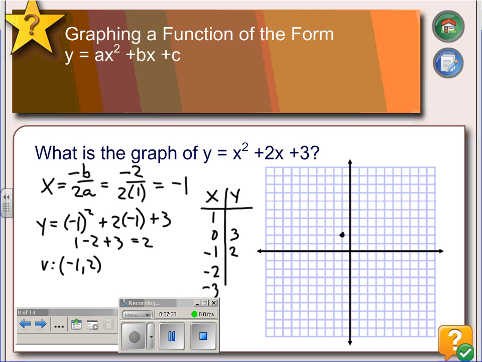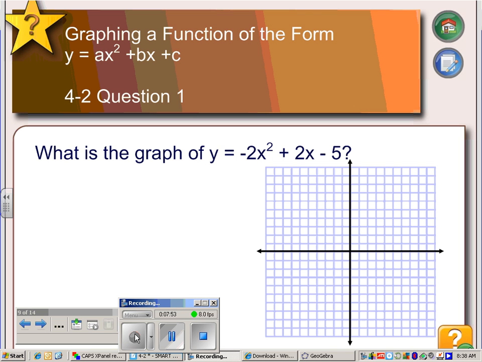Plug a 1 in, and we'll get 1 plus 2 plus 3 is 6. And because of symmetry, we know we'll have matching points on the other side. So we have 0, 3, and 1, 6, and our symmetric points. And there's the graph.